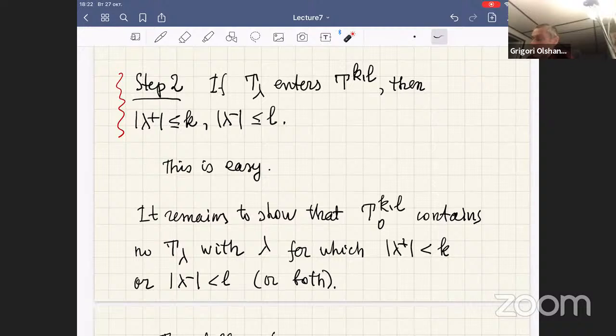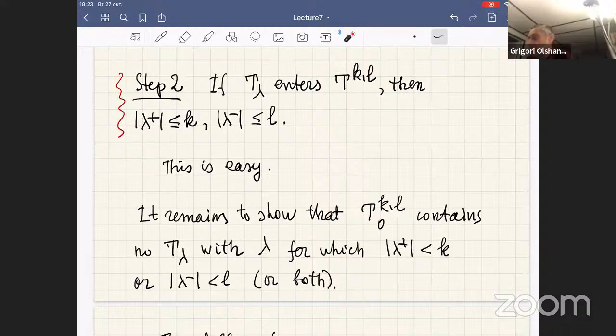So we showed that this space contains all representations with lambda satisfying the conditions above. We need to prove that there is nothing more. So it's impossible that this tensor space contains some irreducible representations with lambda plus satisfying this condition, or this, or in case both these inequalities are satisfied.